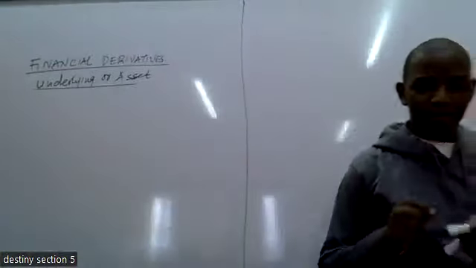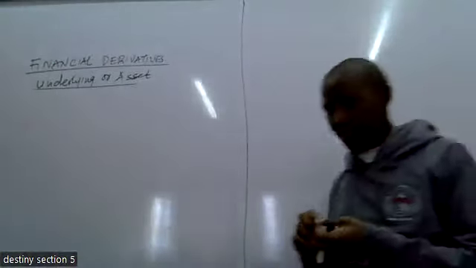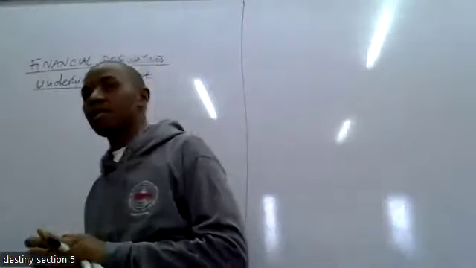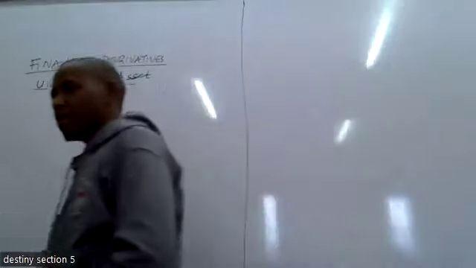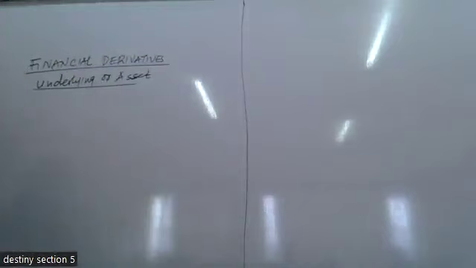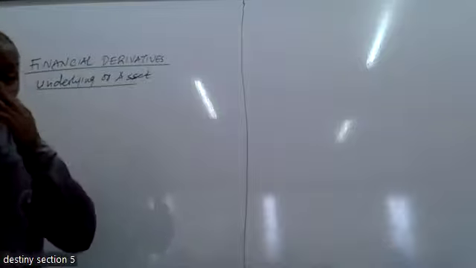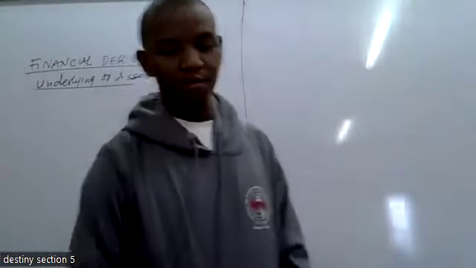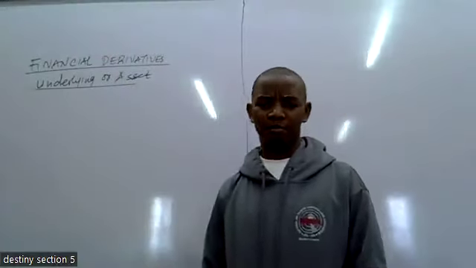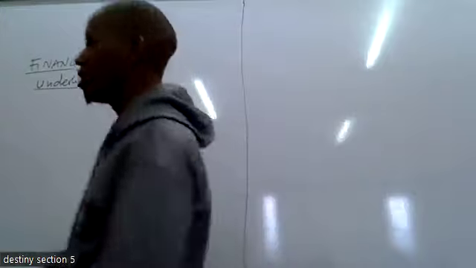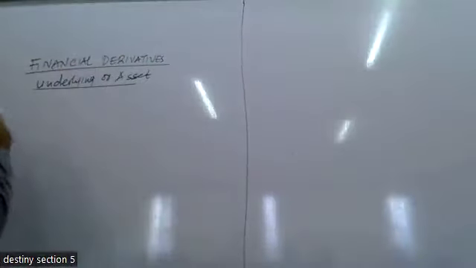Number three, checking the speculation. Number four, encouraging entrepreneurial activities. And number five, to encourage savings and investment.